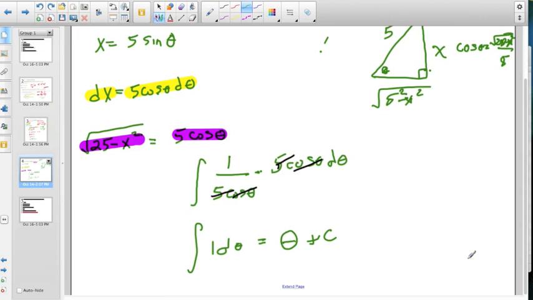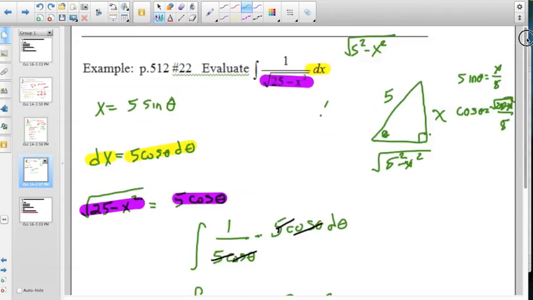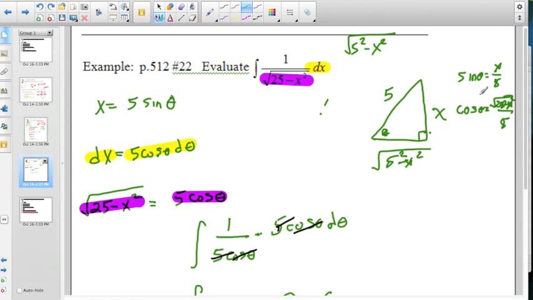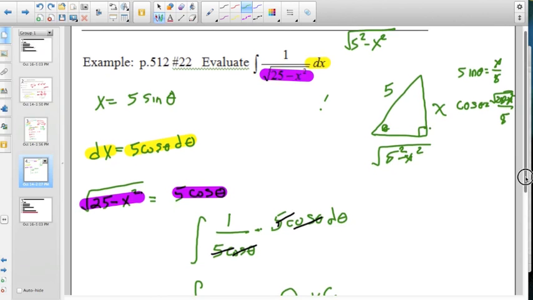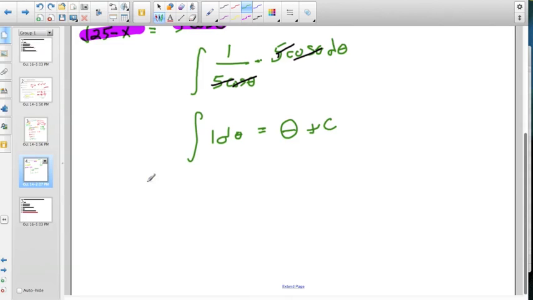So theta is a degree measure or an angle measure, a radian measure. And so we need an expression for theta, which means we need to come back up to the trigonometric expressions we have up here, and we have to decide which one to solve for theta. So my advice is solve for the easiest one. So if we have these two different SohCahToa expressions, I'm just going to rewrite those expressions down here.